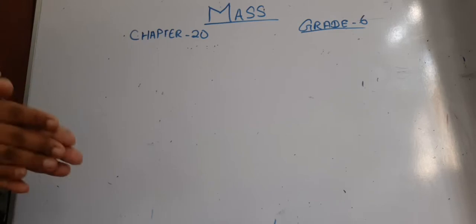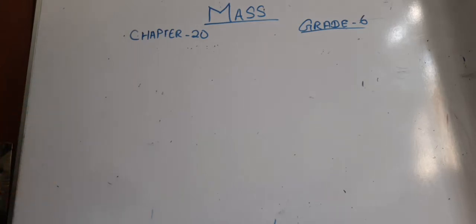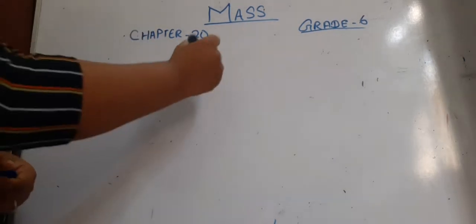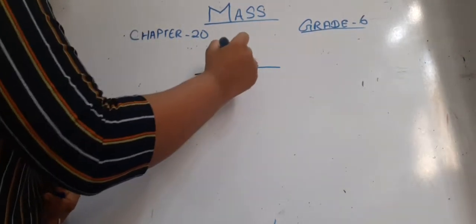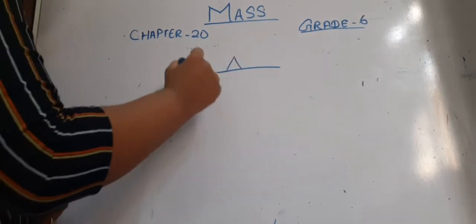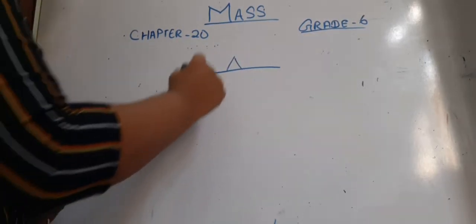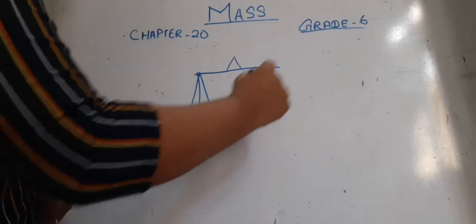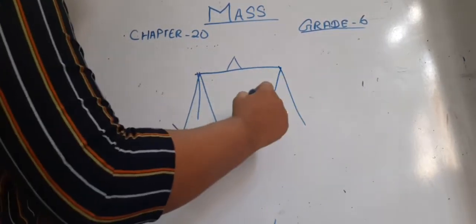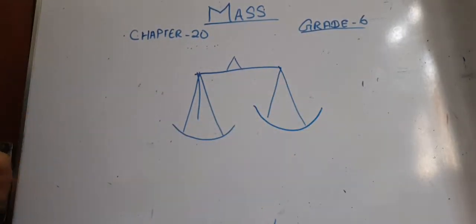These are called instruments to measure the mass. But in the traditional method, we used something like this, which most of you may not have noticed nowadays. Have you seen something similar? It's called a balance scale.